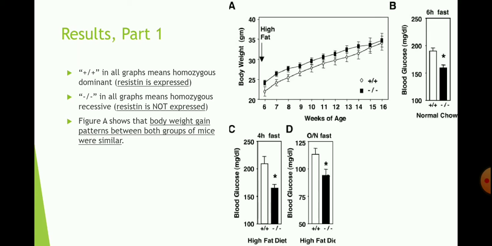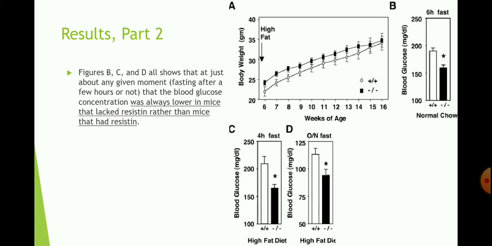So figure A shows that the body weight gain patterns between both groups of mice were similar. Figures B, C, and D all show that at just about any given moment the blood glucose concentration was always lower in mice that lacked resistin rather than mice that had resistin.